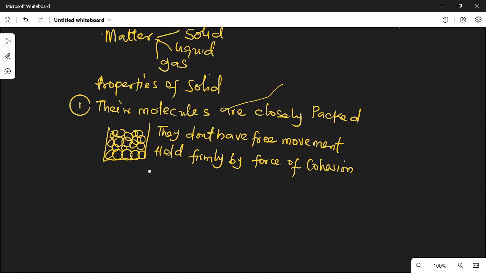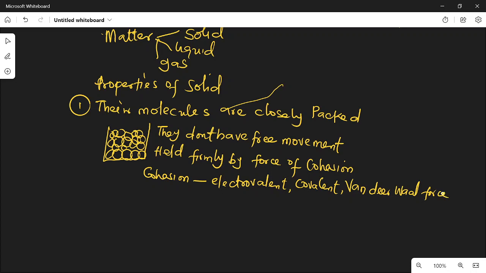In our basic, elementary chemistry, your force of cohesion could be electrovalent bonds, could be covalent, could be our van der Waals force.